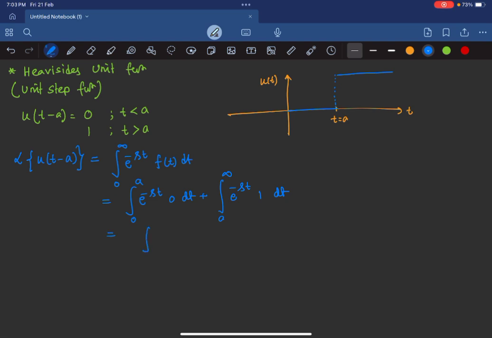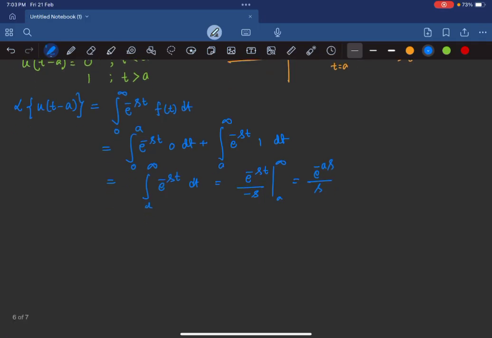So the first part will give you 0, and the second part is the integral from a to infinity of e power minus st dt. If you do the calculation, the value is e power minus st by minus s, from a to infinity. Put in the upper and lower limits, and immediately you will get e power minus as by s.